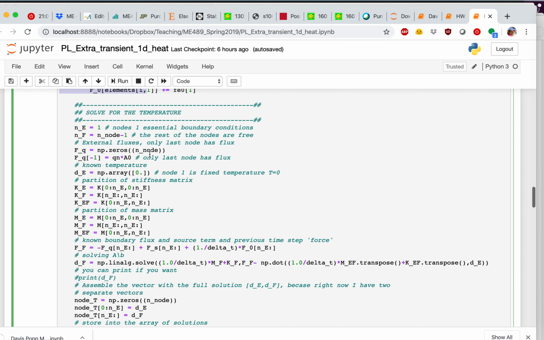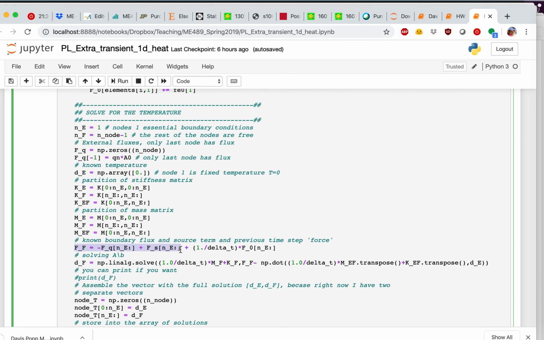So you can see that I'm gonna be using the matrix partitioning. The idea is the same as before. Flux term is the same as before. Essential boundary conditions, same as before. Partitioning of the stiffness matrix, same as before. But now I have the mass matrix, so I also need to partition the mass matrix. And then the force vector, before it was just minus fq plus fs.